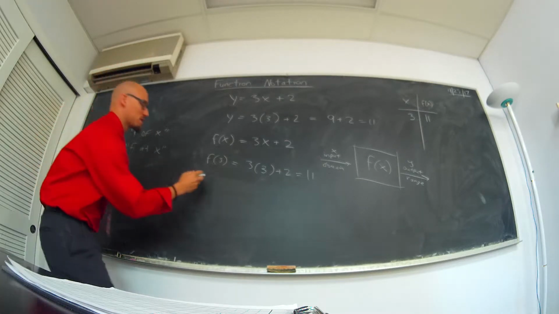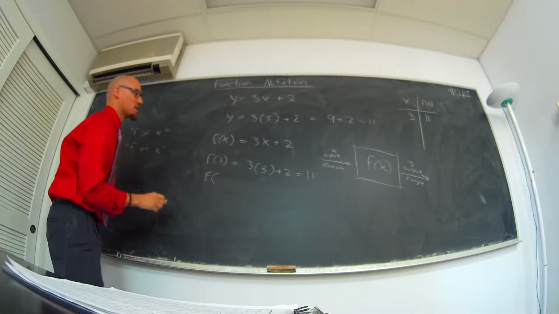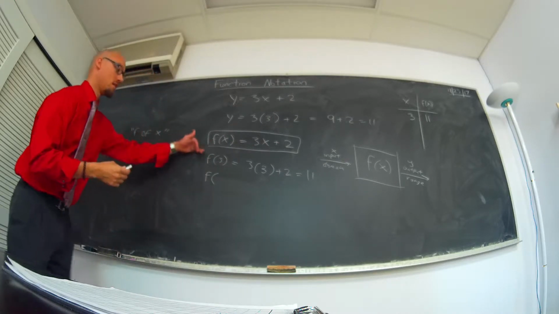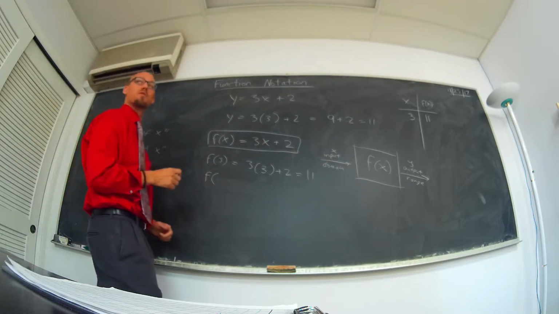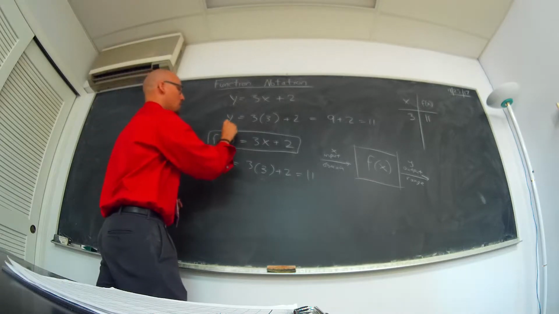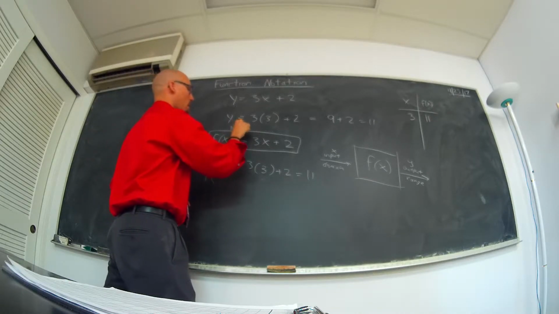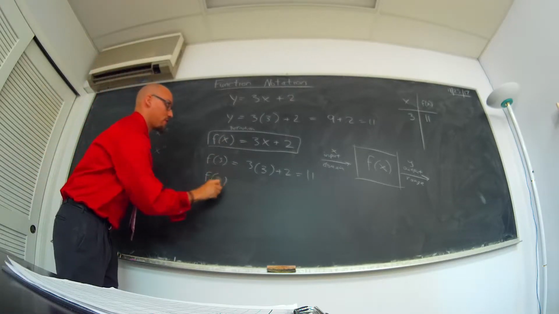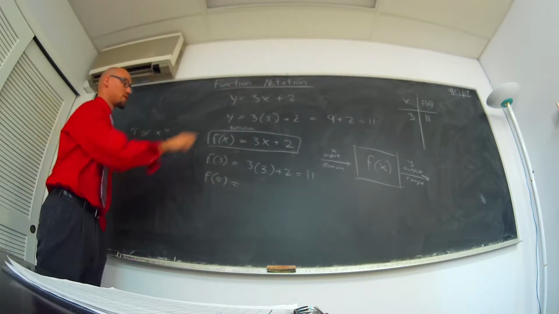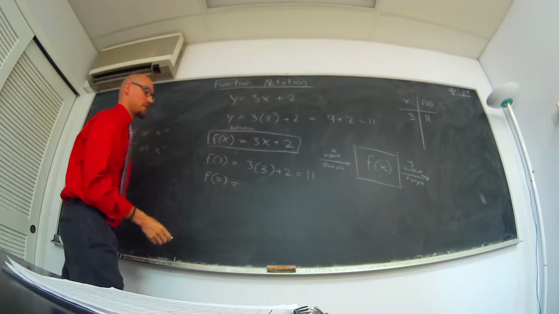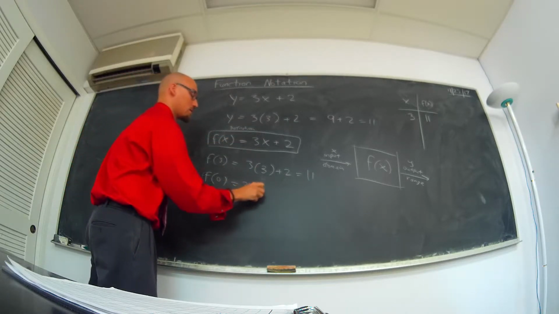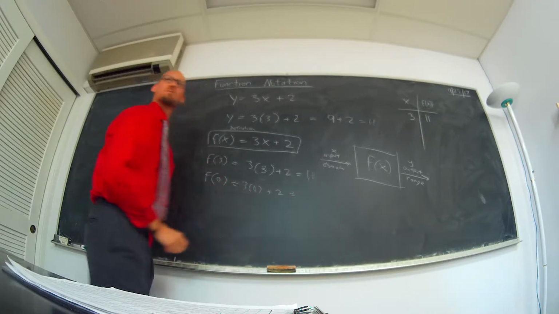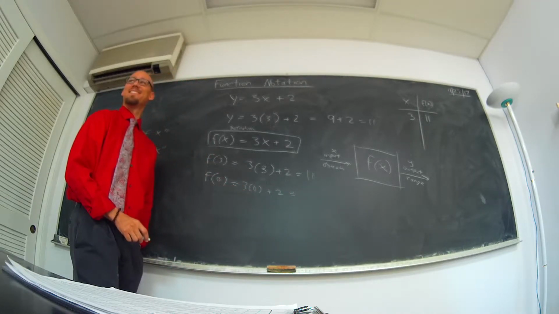So we can do this. We can say, hey, what is this function? Here's my function definition. You define your function, and then you use that function however you please. So we could say, what is f at 0? When I plug in a 0, this function is 3 times 0 plus 2.